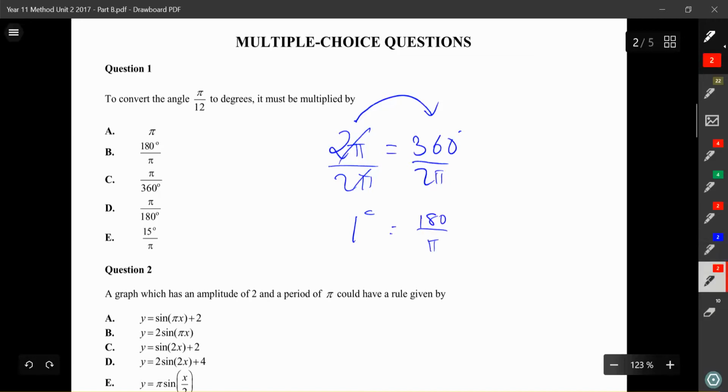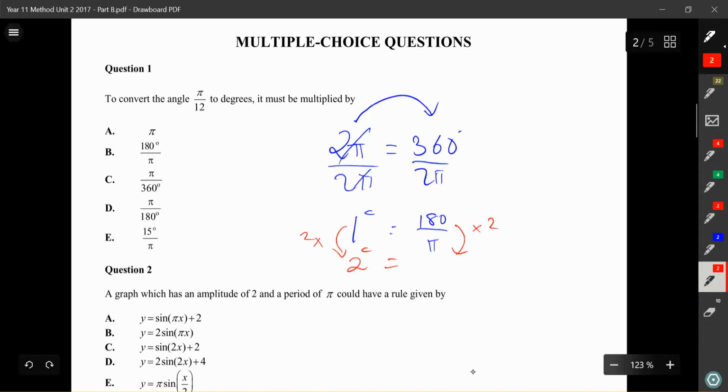So you can see how you convert radians to degrees. If I had 2 radians, then I would need to multiply this by 2 to get from 1 to 2. But then on the right hand side, to keep it equivalent, I'd have to multiply this by 2 as well. And that's obviously then the degrees.